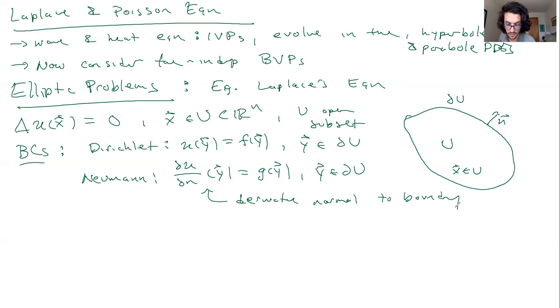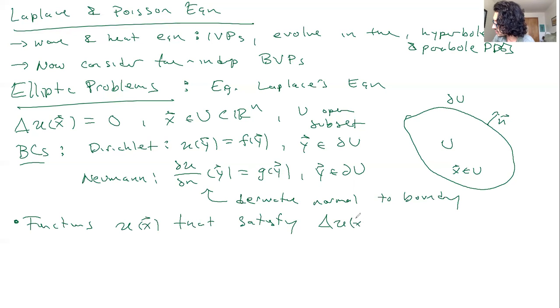We'll talk in a bit about where this comes from, or a couple of different examples. Functions u of x that satisfy Laplace's equation are called harmonic. Harmonic functions have special properties.